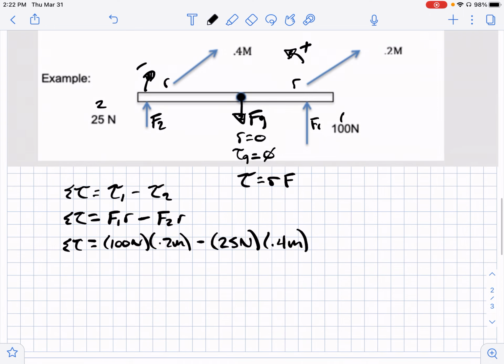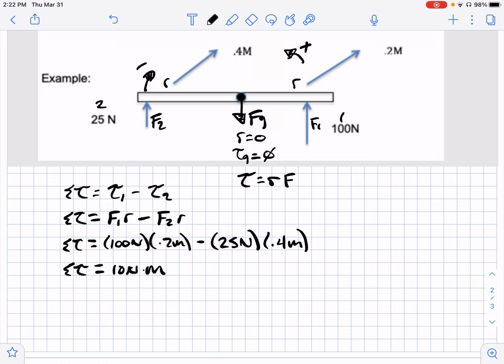So we can plug these values in, and when we do, we see that our net torque is now equal to 10 Newton meters. So we do have a net torque here, so we will experience an angular acceleration.